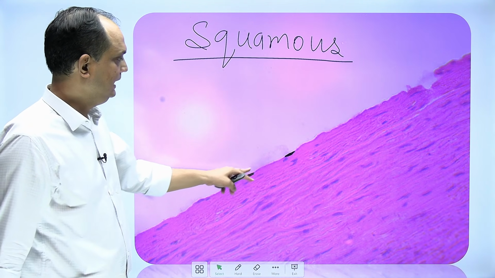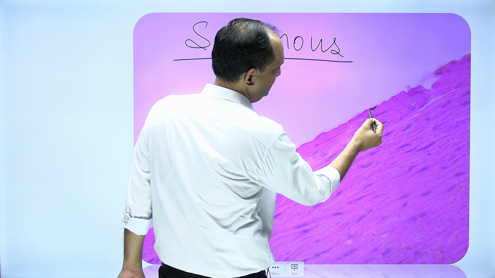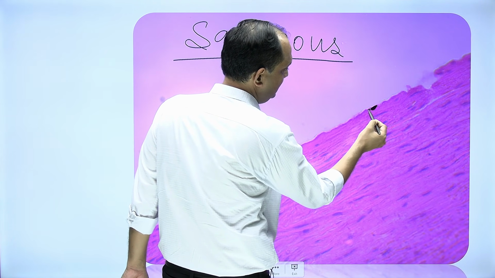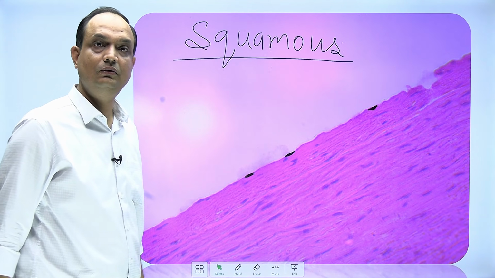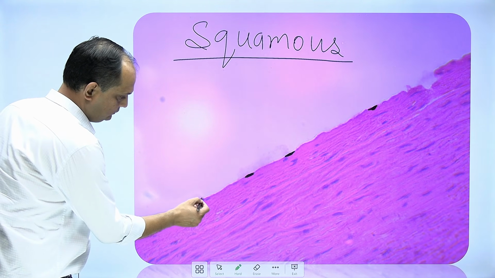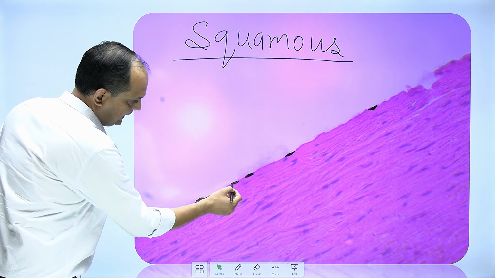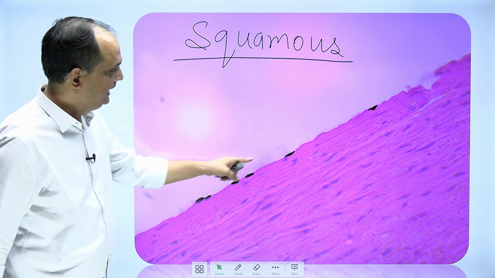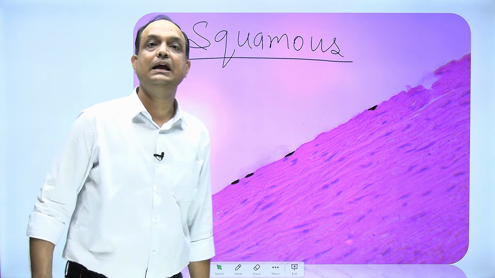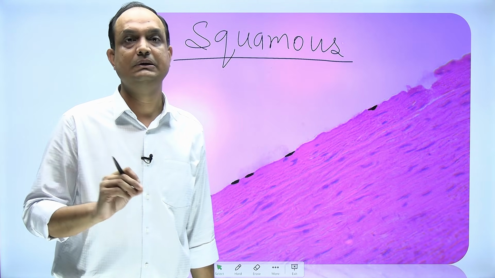So, here if I trace the shape of the nuclei, it is the flat nuclei. You can appreciate the flat nuclei. If you see here also, you will find this is a flat nucleus, this is a flat nucleus, this is a flat nucleus. So, this flat nuclei appearance is a classical appearance of simple squamous epithelium.